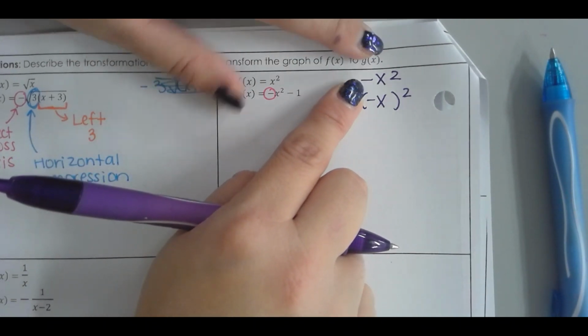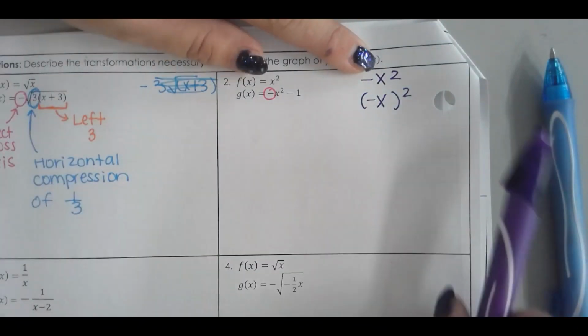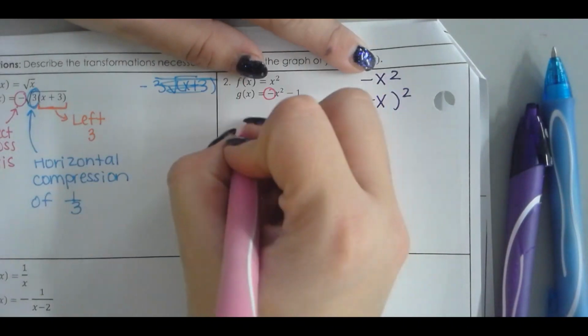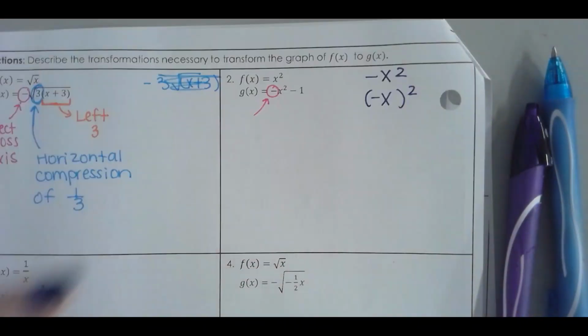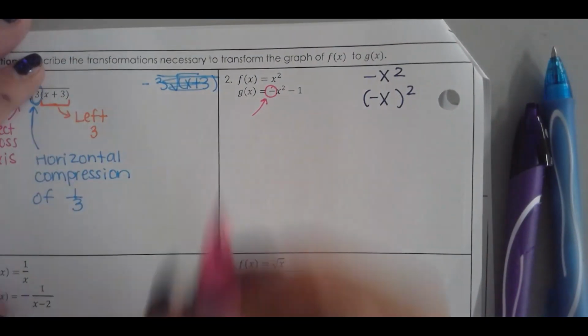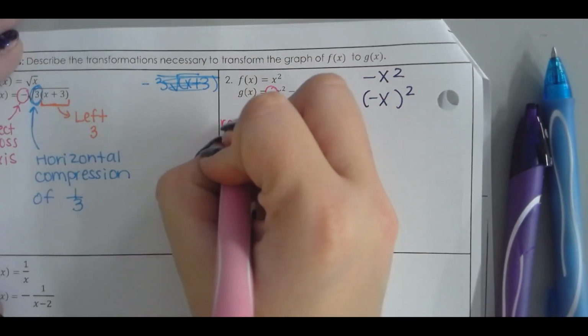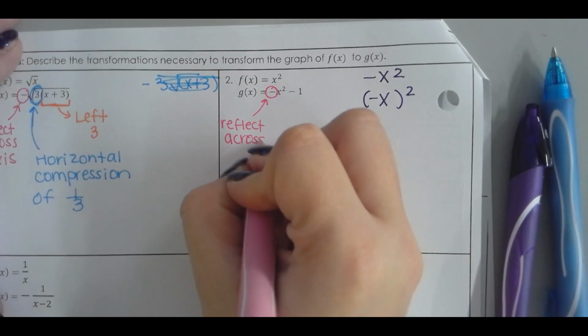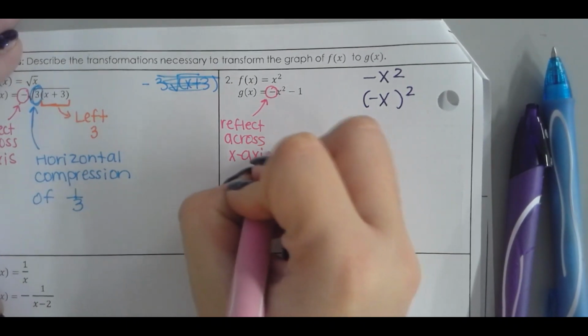So look at your negatives. What does a negative outside do? Yes. That one, when you see a negative on the outside, that one reflects across the x-axis.